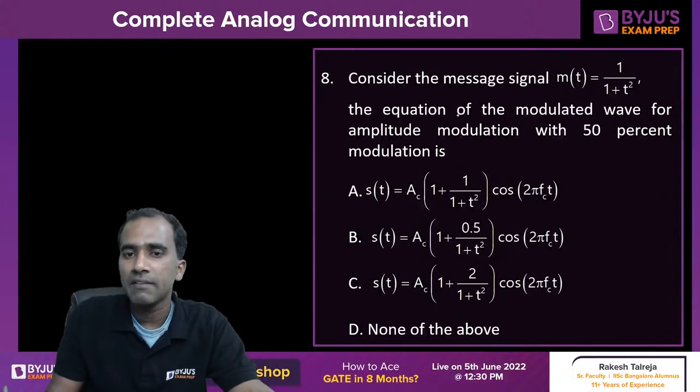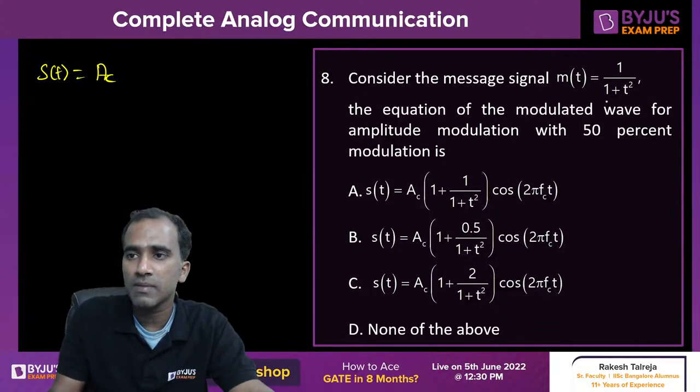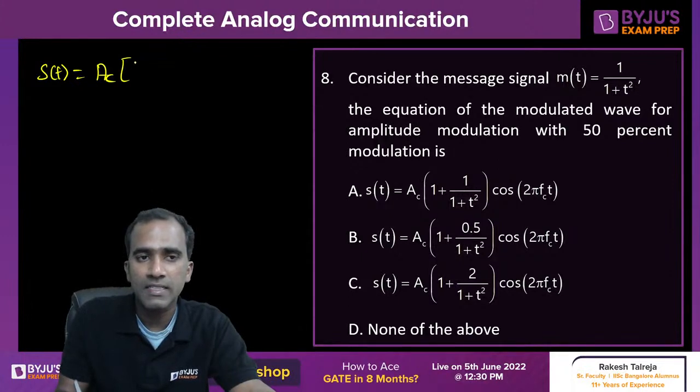Equation of modulated wave for amplitude modulation with 50% modulation is S of t is equal to AC into... this is not a sinusoidal message, so it's a general message. Let's write the general equation. The general equation for a modulated signal is AC into 1 plus Ka into m of t into cos omega ct.